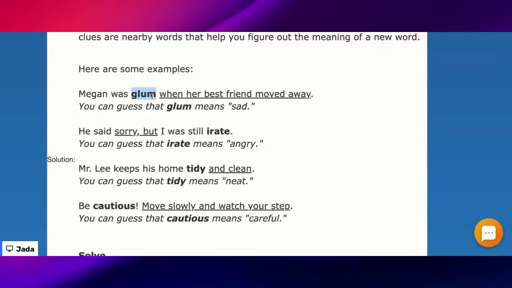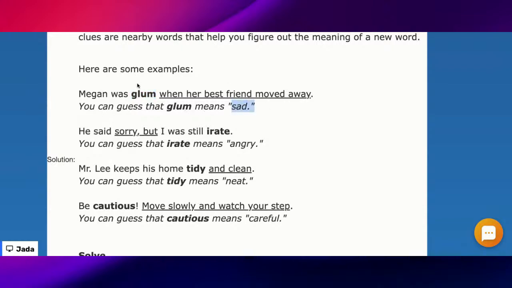Maybe you cannot tell because it's your first time hearing the word. This is where context clues come into play. You have to look at the words beside it, and those words can give you a hint. So now you can guess that glum means sad.